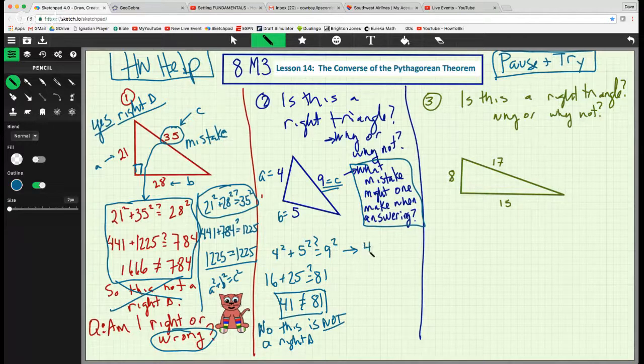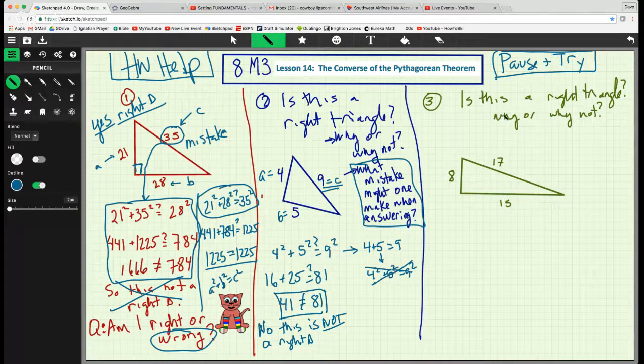Because 4 plus 5 equals 9, they might say 4 squared plus 5 squared equals 9 squared. And that is not true. You cannot say that. You can't just add squares like that. It doesn't work that way. So that is the mistake that one might make when answering this question.